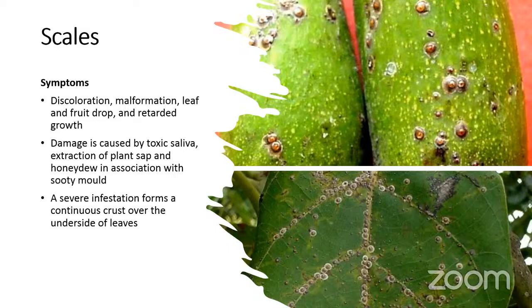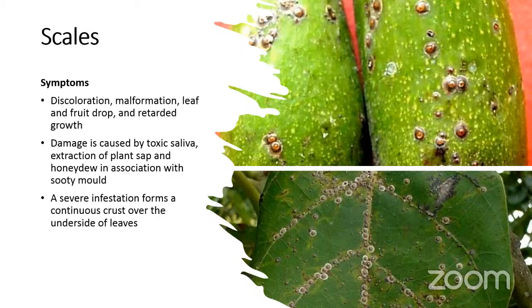The soft scales will produce honeydew, and this will attract bacteria, will attract the fungus, which will actually form soot mounds on the leaves and on the fruit. It is some sticky substance, and you see it turning sometimes black.